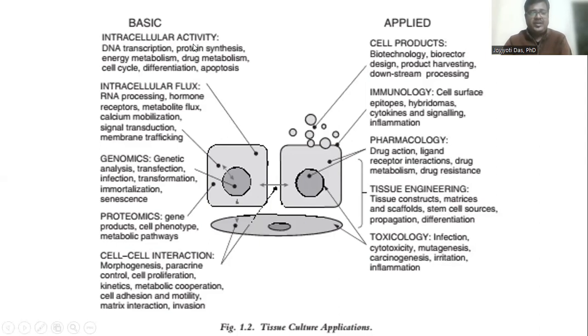You can do studies of intracellular activities such as DNA transcription, protein synthesis, energy metabolism, drug metabolism, cell cycle. So all these are taking place where? Inside the cells. So for that, you again need cells to study them. You can study intracellular flux, such as RNA processing, hormone receptors, metabolite flux, signal transduction, of course, because you know about techniques like Western blotting, by which you can study the entire set of proteins being synthesized in the cell at a particular point of time.